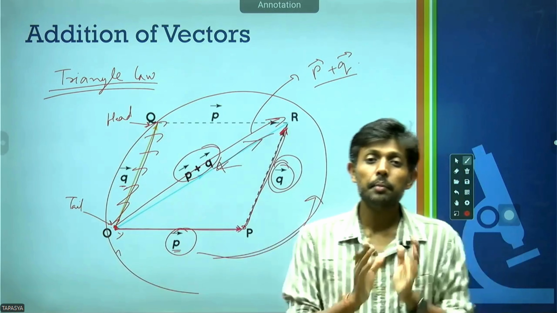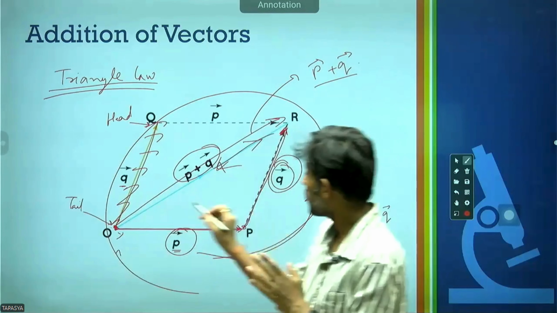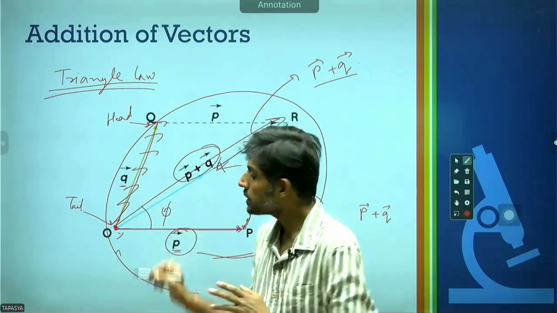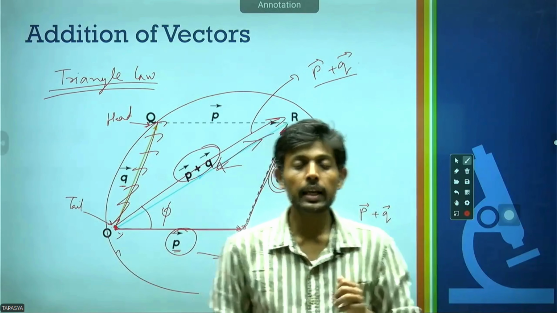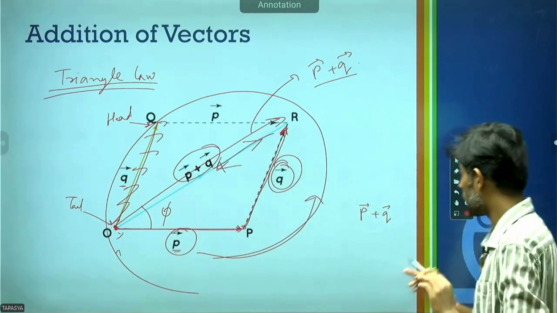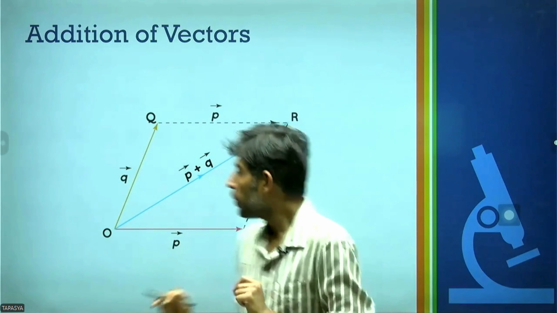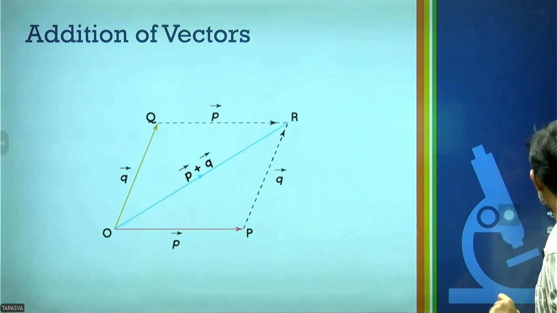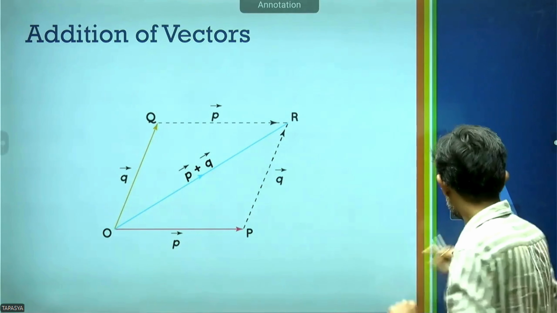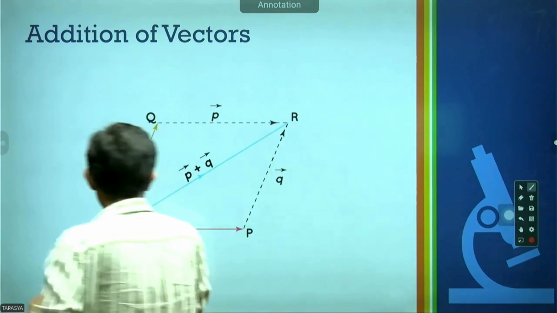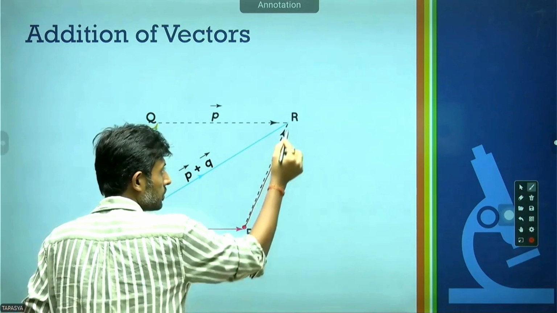How to calculate the magnitude, how to find the direction, what this angle is, these are things that you will learn later, okay? That will keep for later. For now, a quick recap of what we did in the triangle law of vector addition. First, we rearranged the second vector so that the tail of the second vector sat on top of the head of the first vector.